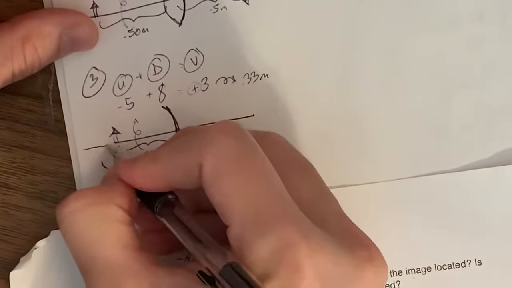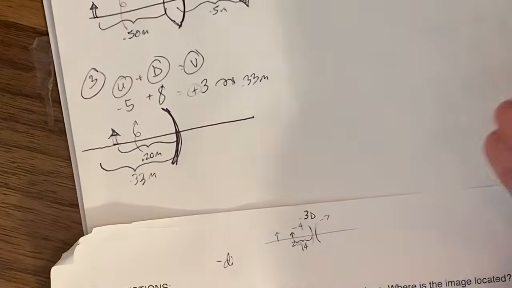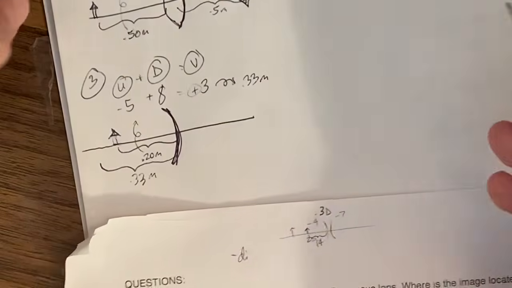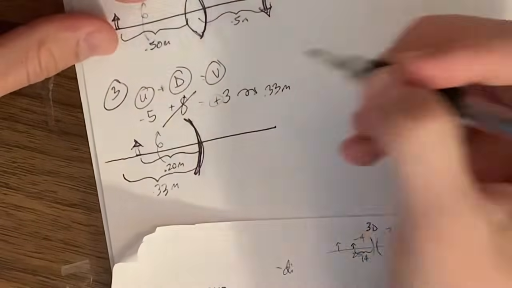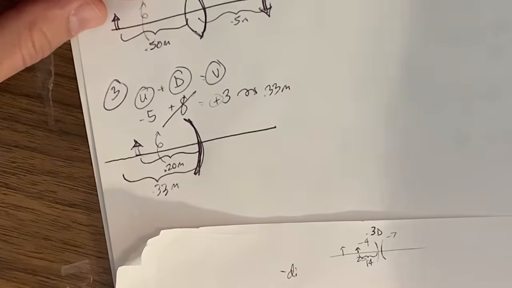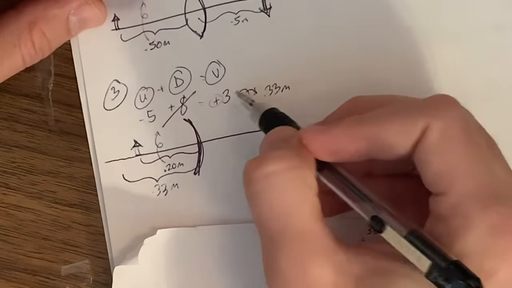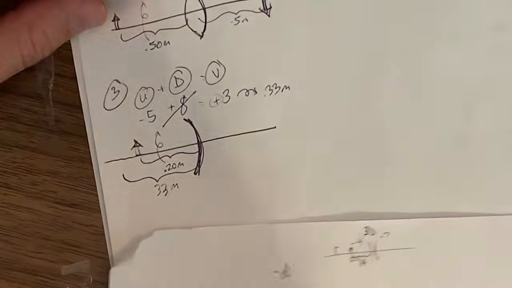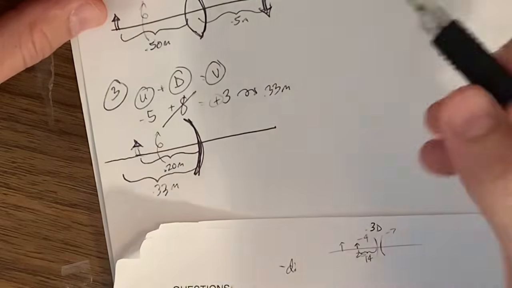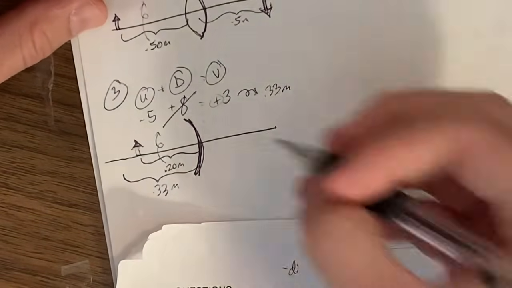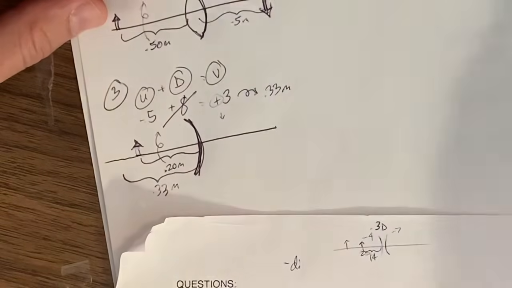Now we'll extend our line. Now it's going to be magnified, minified, inverted, upright. For that, same formula. Magnification equals U over V. So negative 5 divided by positive 3 is going to give you a negative number. So that means it's going to be inverted. And then it is going to be magnified or minified.